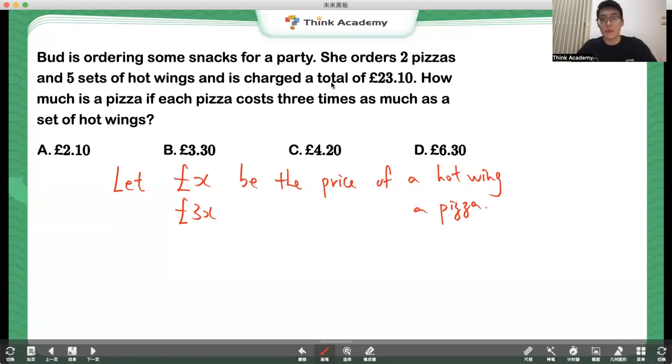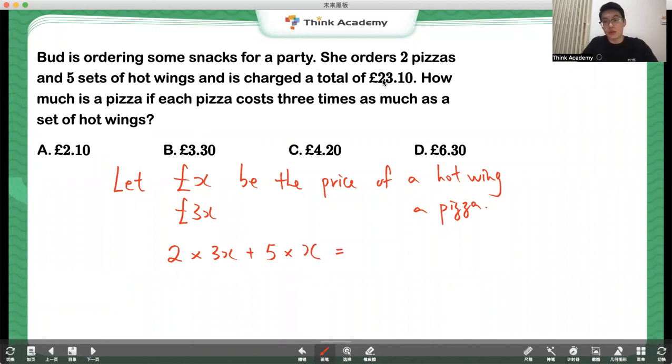And now I am able to write an equation. We know that Bud orders 2 pizzas and 5 sets of hot wings. So 2 pizzas is going to cost 2 multiplied by 3x pounds, because each pizza is 3x. As for the hot wings, 5 sets of them, each set is x pounds, so 5 multiplied by x is the price of the hot wings.